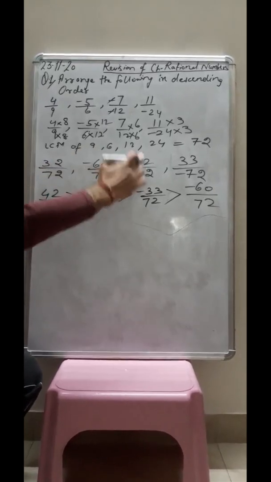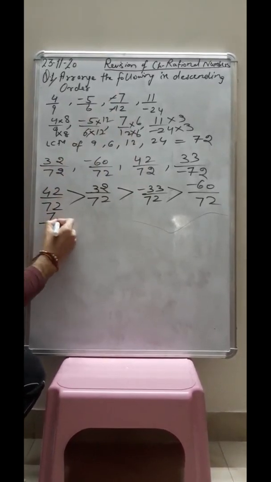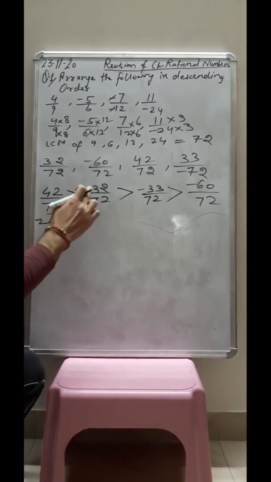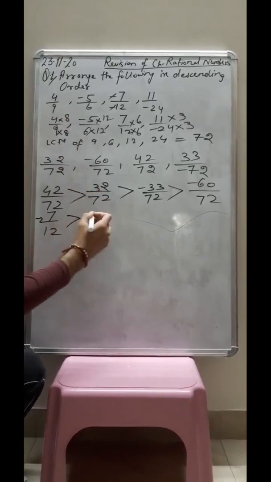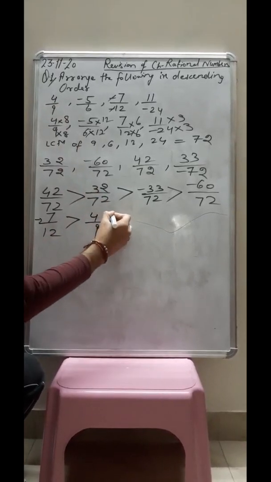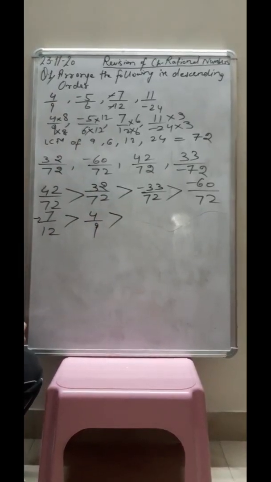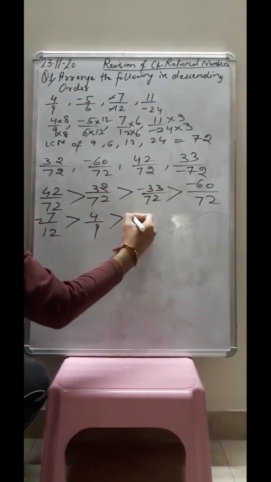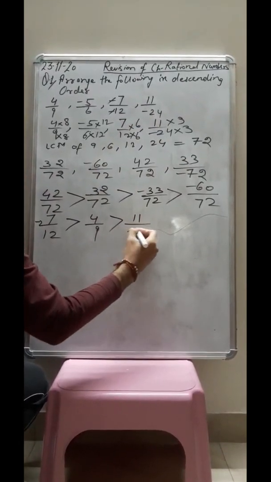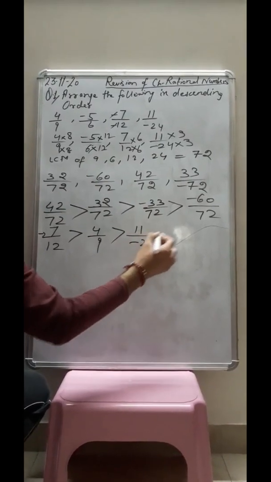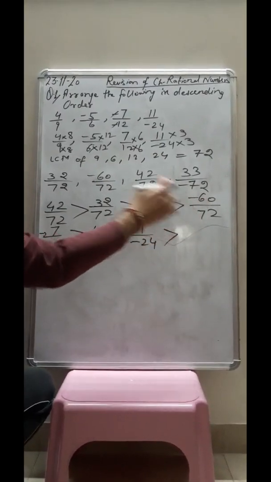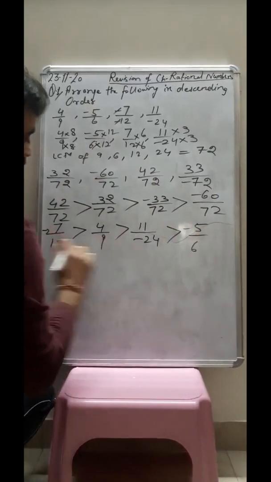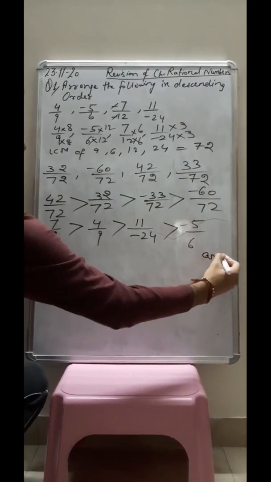So 42 is coming from 7 upon 12. 7 upon 12 is greater than 32 is coming from 4 upon 9. 4 upon 9 is greater than minus 33 is coming from here. So this is greater than 11 upon minus 24 and this is greater than, last is minus 60, that will be minus 5 upon 6. So in this way we can arrange in descending order.